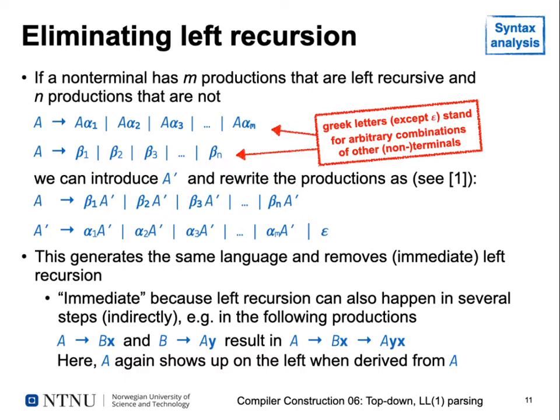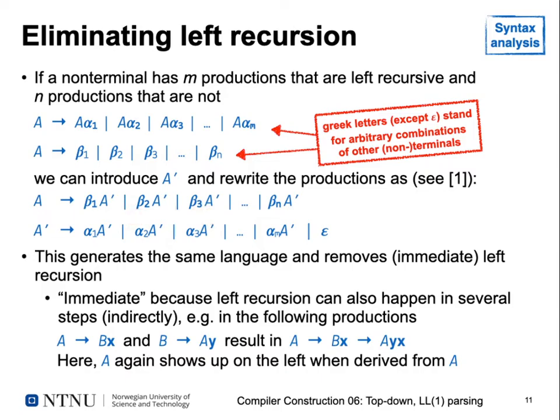Now we can use the same trick as before: we can introduce A prime, and then start to rewrite our productions. This has already been investigated quite a number of years ago, so here's a literature reference if you want to dig deeper. We can replace these rules by resolving A to beta 1 A prime or beta 2 A prime.